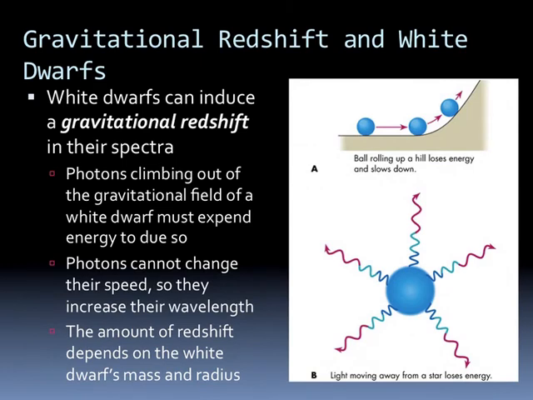Now, white dwarfs can introduce a gravitational redshift in their spectra. Photons climbing out of the gravitational field must expend energy to do so, and photons can't change their speed, so it increases their wavelength. The amount of redshift depends on the white dwarf star's mass and radius.